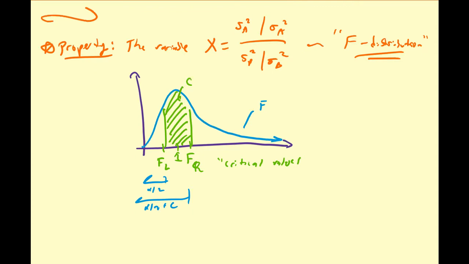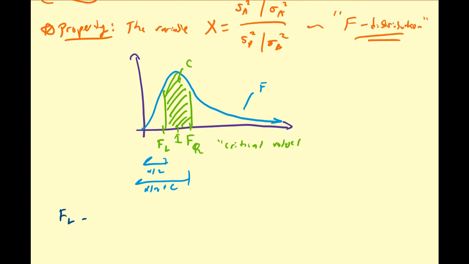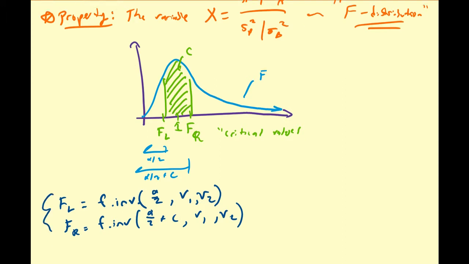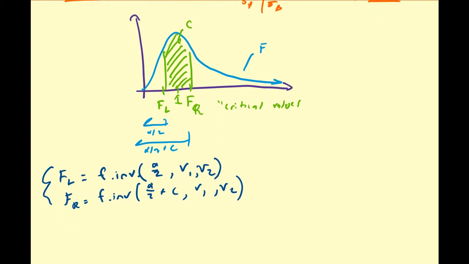If you want to use Excel, FL is going to be equal to F.INV of alpha over 2, comma, the degrees of freedom for sample 1, degrees of freedom for sample 2. And FR is going to be equal to F.INV of alpha over 2 plus C, comma, degrees of freedom for sample 1, degrees of freedom of sample 2. This is how you calculate your critical values for an F-test, confidence interval, and so forth.